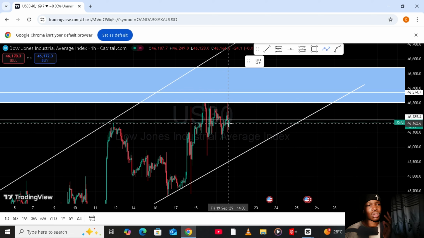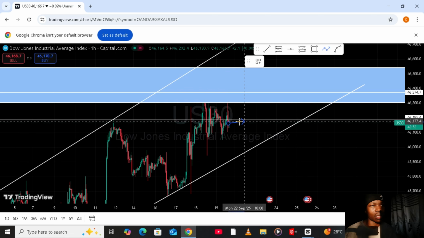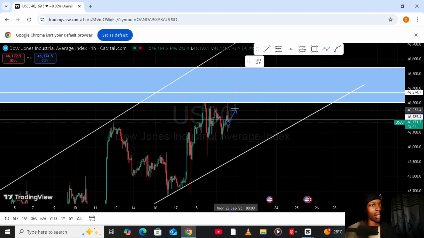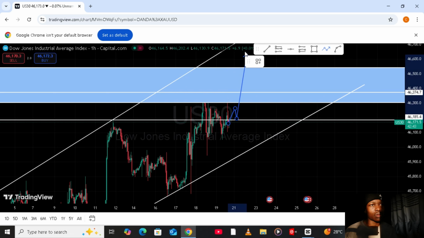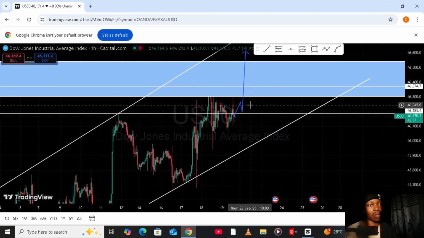When 3 o'clock knocks, I'll check if the market is above this resistance right here. If the market is above this resistance, I'll just buy, and then it will come back down and retest, and then shoot for more buying opportunities, filling in our trend line, making our trend line make sense.